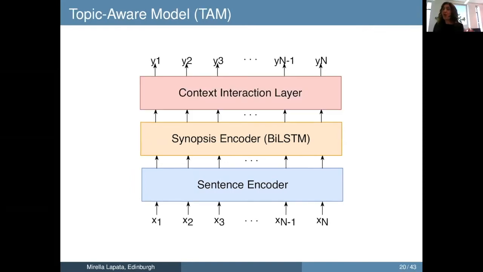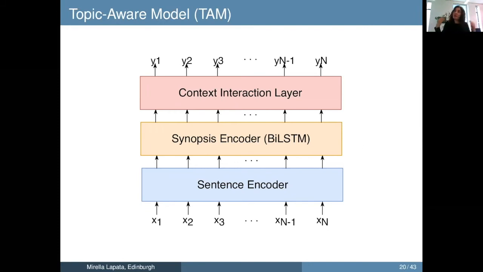And this is this context interaction layer. I'll give you the intuition for this, and then I will show how we do this. So remember that these turning points are basically segmentation boundaries, and as we go linearly through the synopsis and the sentences, we just need to insert a boundary and say there is a new turning point.